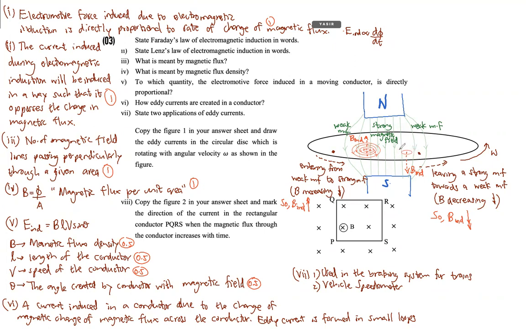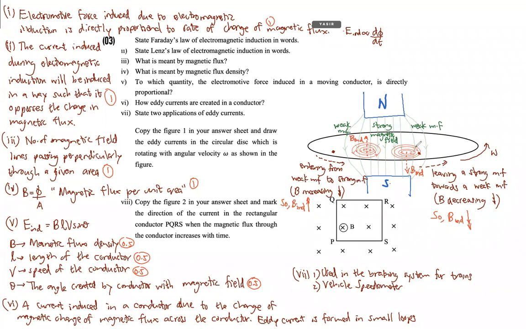That is how eddy current works. Eddy current is not anything new if you know how to handle Lenz's law. The only problem is to carefully figure out whether the magnetic flux density is increasing or decreasing, and what the direction is.